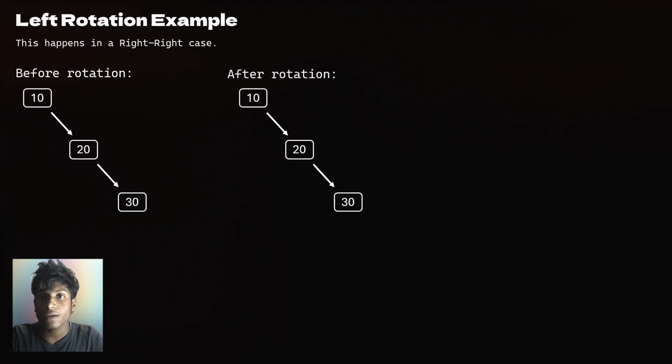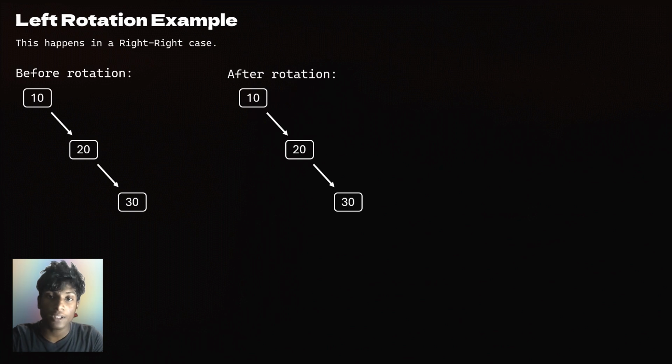Now I will explain left rotation in AVL tree. This rotation is used in the right-right case where the tree becomes unbalanced by growing too much on the right side. Let's take this example. We insert the values 10, 20, and 30. First, 10 becomes the root node, then 20 is greater than 10, so it goes to the right.